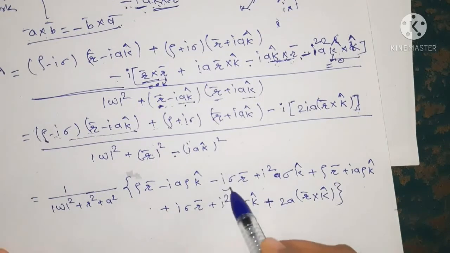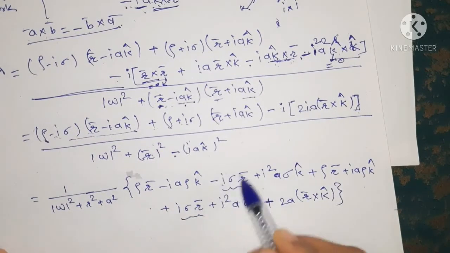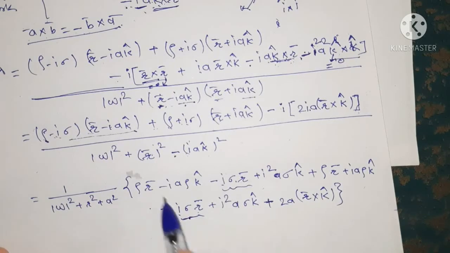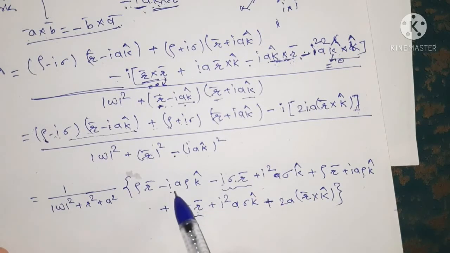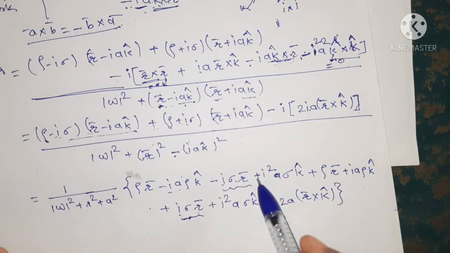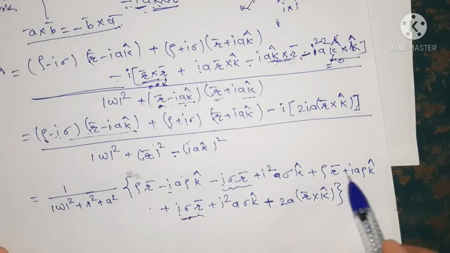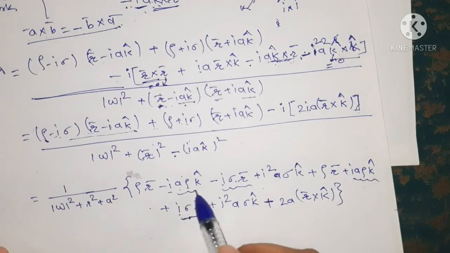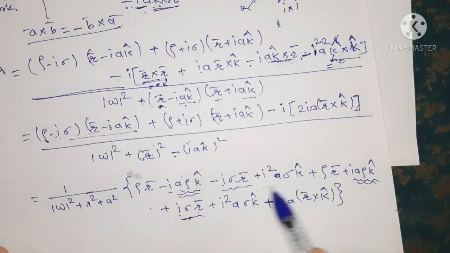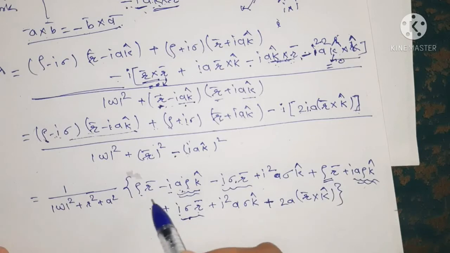now here we can observe this term, minus I sigma r bar and I sigma r bar, so this gets cancelled. Okay, also here minus I a rho k cap, and here we have I a rho k cap. This term will be cancelled. Okay, and therefore this term gets cancelled. We have rho r bar plus rho r bar, this term will be added.